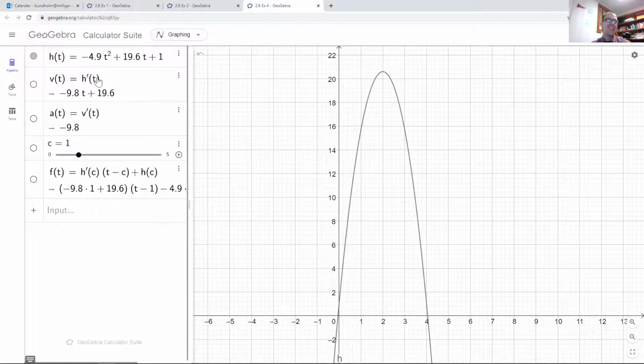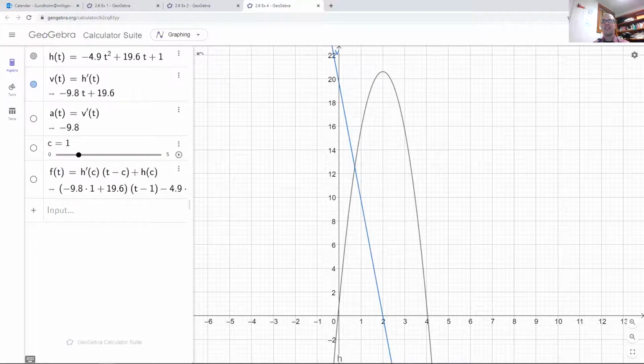And this function is actually the velocity at any given t value. This would be the velocity of the soccer ball in a vertical direction. So this line that goes down is actually the graph of the derivative function that we won't examine too closely right now.